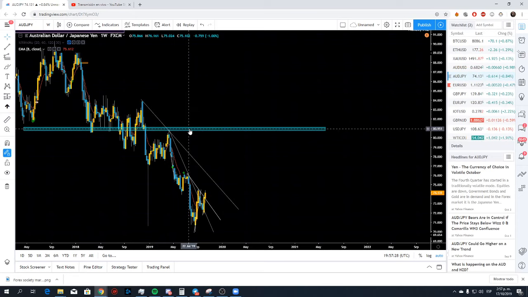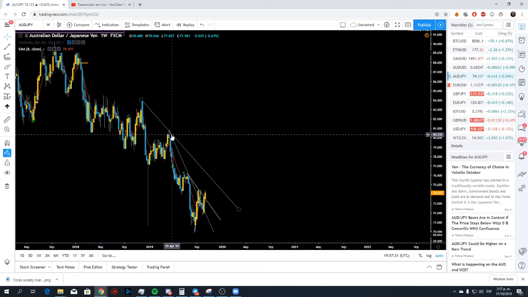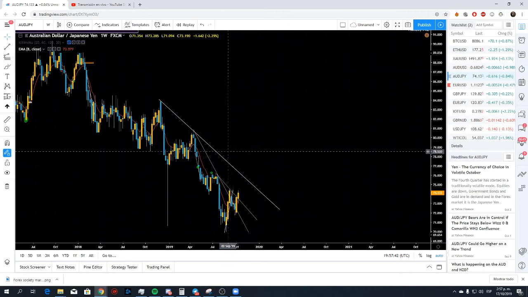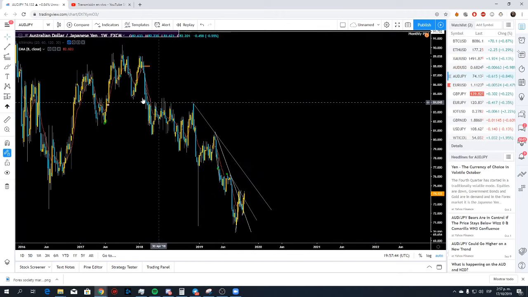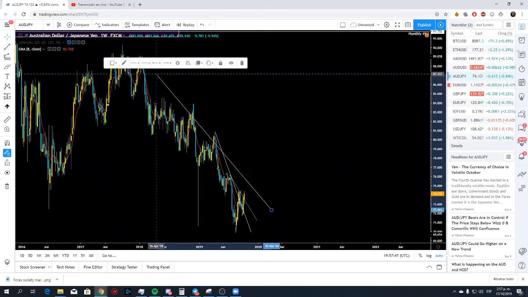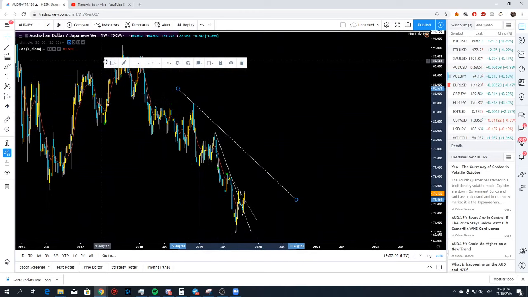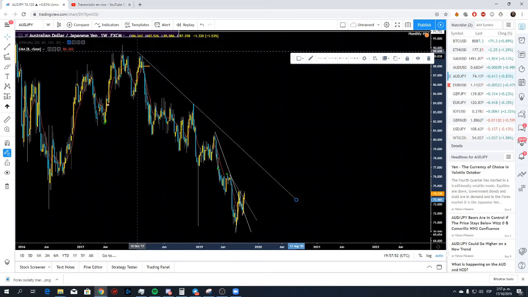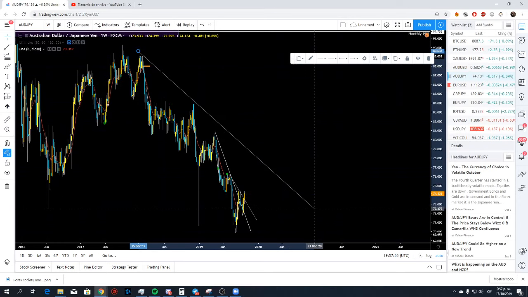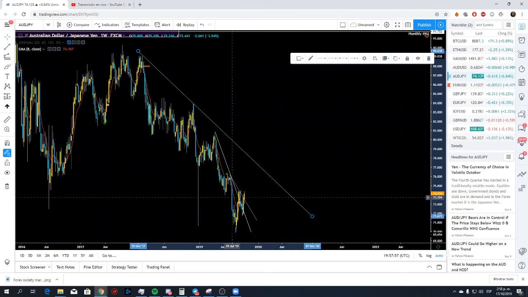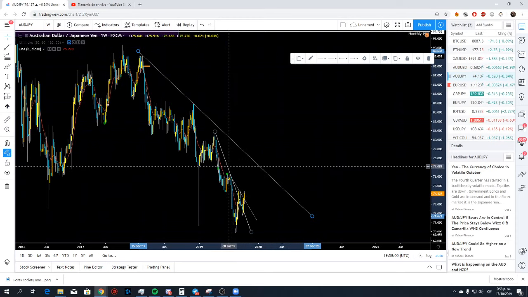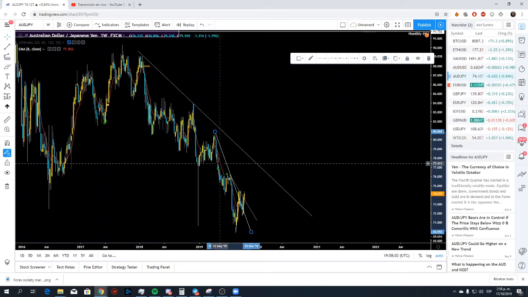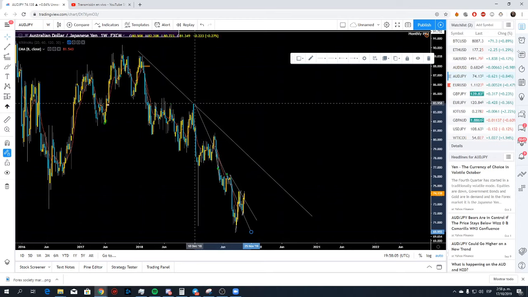Okay, so what we got here, guys, first we're gonna try to find the current trend in the high time frames. We got a big downtrend, so we will draw a trend line. We will try to find one trend line that could be close to the current price.